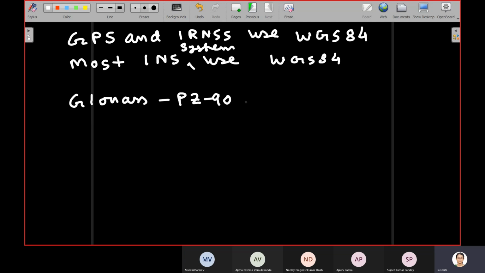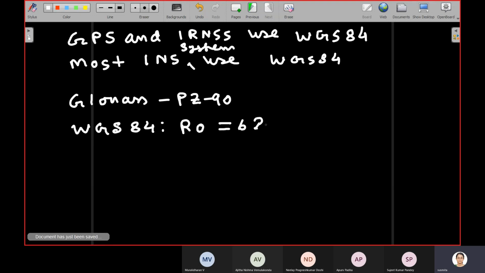Since GPS and IRNSS use the WGS 84 reference ellipsoid, let me tell you some more parameters of the WGS 84 reference ellipsoid. So, the equatorial radius of the WGS 84 reference ellipsoid is 6378.137 kilometers.